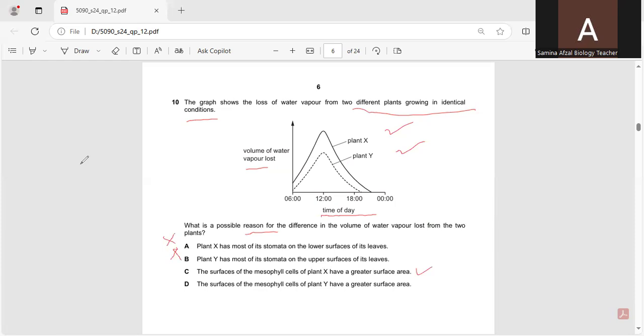Let's see option D. If plant Y has less surface area, there is less loss of water. So only C is the correct option, in which the surface area of the mesophyll cells is greater, and due to greater surface area, there is more loss of water in plant X. So C is the correct option.